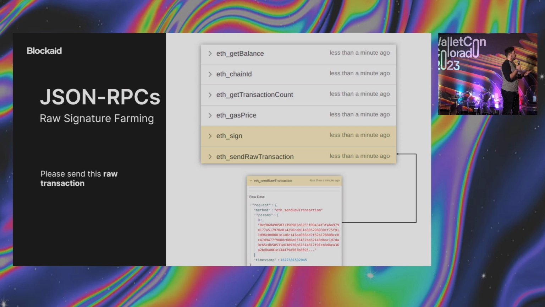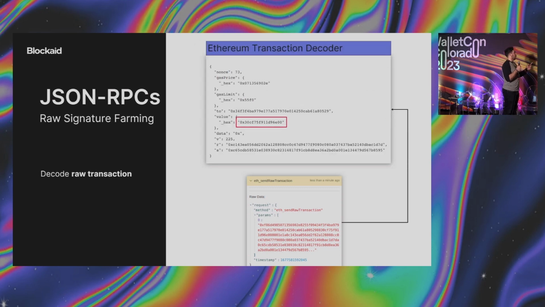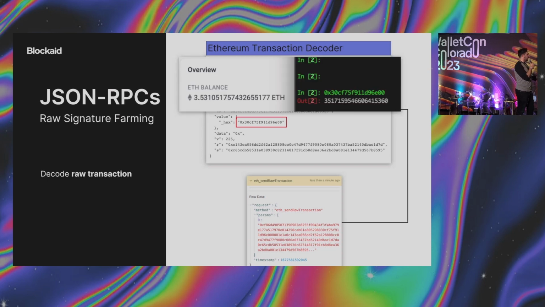And then you can see it actually sends a raw transaction. When we take this transaction and decode it, we see that, first of all, we have no data, so it's a regular ETH transfer. And then looking at the balances, the user we used for this example has these balances minus gas prices for actually sending this transaction.